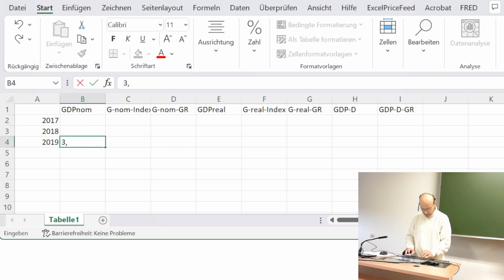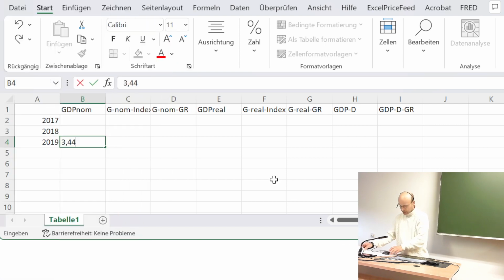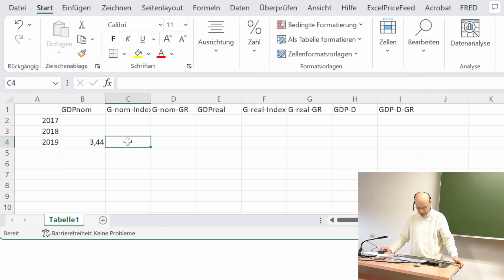This is 3.44. Oops, maybe you can help me that I do not have to switch. What else do we have? So just give me the numbers.